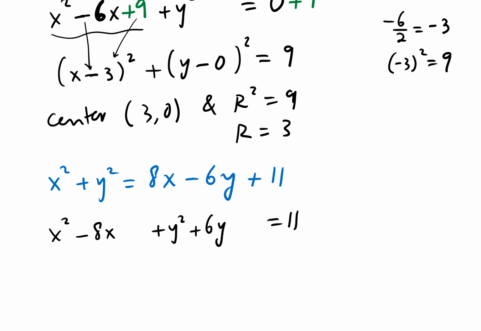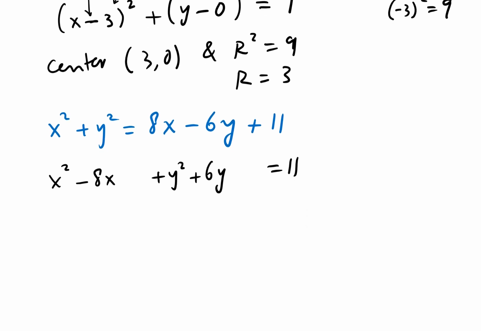So I group the x's, I group the y's, and I leave the constants on the right side. So what do we do in this case? We complete the square for the x's and for the y's.